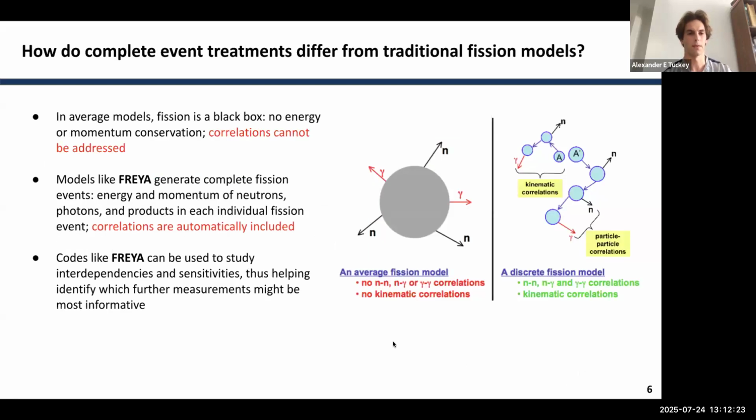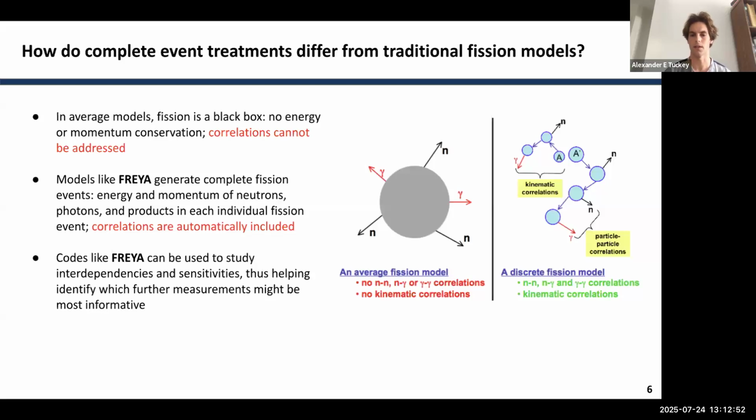Okay, so FREYA isn't the only complete event treatment out there, and there's also more traditional fission models that exist. But these two, complete event treatments and traditional fission models, differ in a very important way. So in these more average fission models, fission is treated like a black box where we're only told the neutron multiplicity and gamma multiplicity.